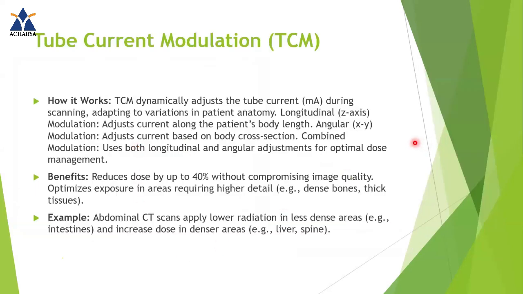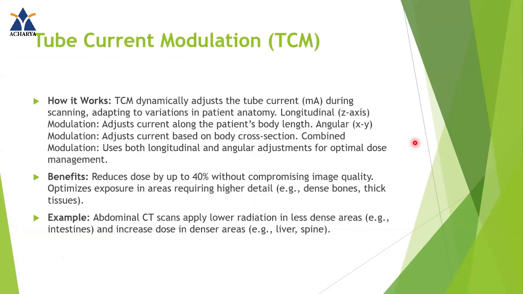So the benefit of tube current modulation is it reduces the radiation dose by up to 40% without any compromise in the image quality, because the MAS continuously varies across the 360 degrees of the patient and in the Z axis. So MAS will be continuously varying in all three X, Y, and Z axes.